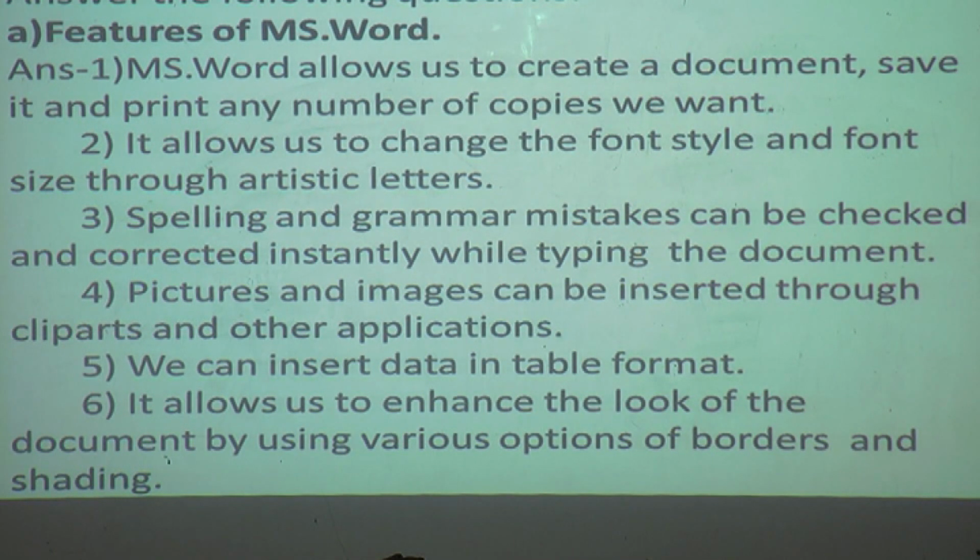Fourth one, pictures and images can be inserted through clip art and other applications. Fifth one, we can insert data in table format. Sixth one, it allows us to enhance the look of the document by using various options of borders and shading.